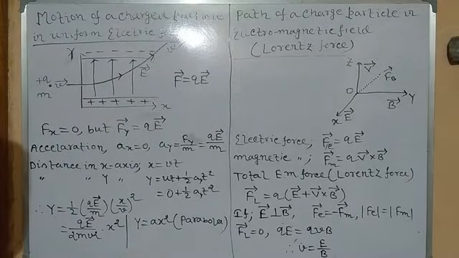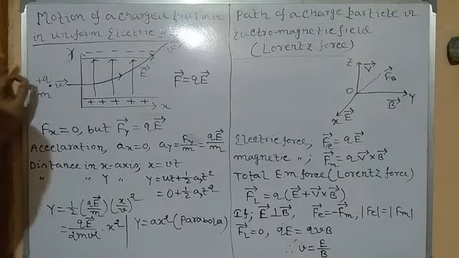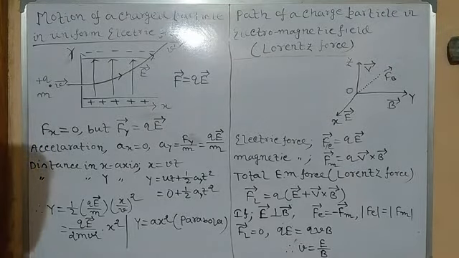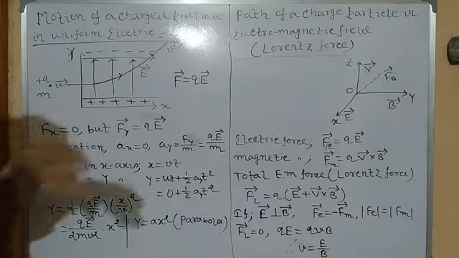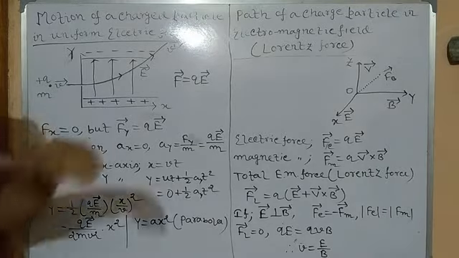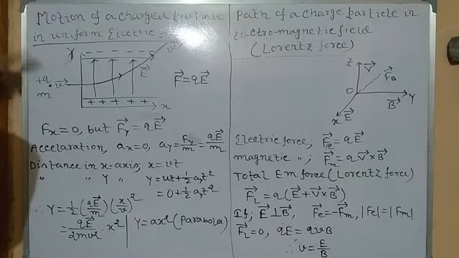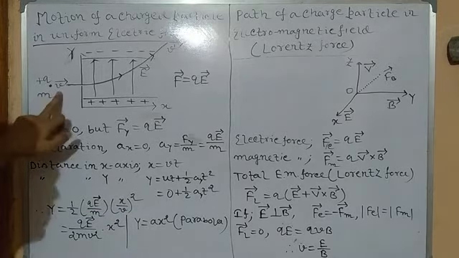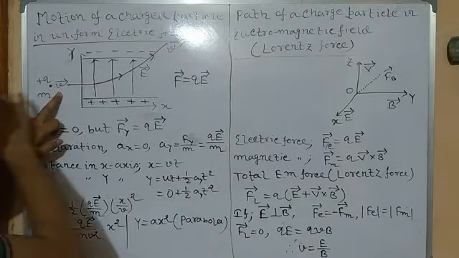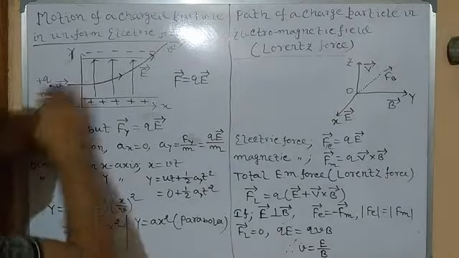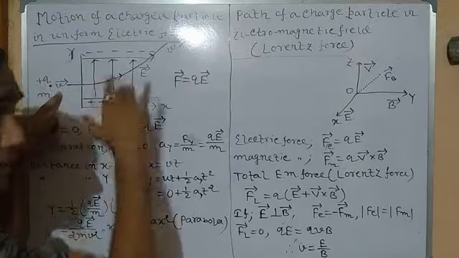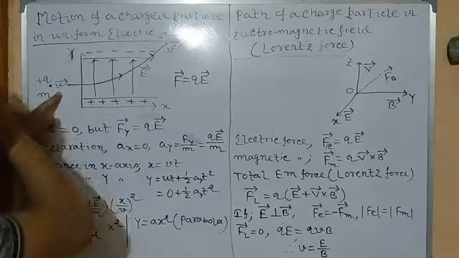Now suppose a positively charged particle, a point charge having charge plus q and mass m, is moving inside this electric field with velocity v. The plus q charge having mass m with velocity v has just entered into this electric field along the x axis.